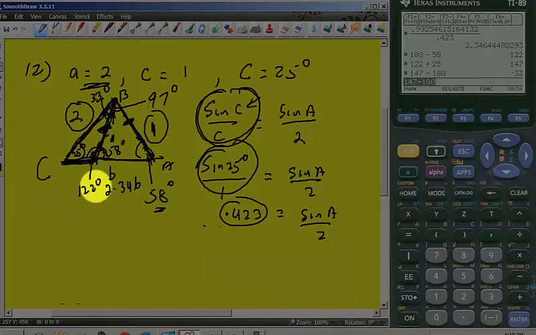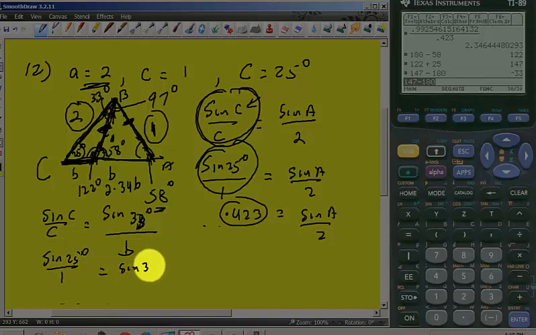Alright, so I know sine of C over side C because I've calculated that, and now I'm going to find sine of 33 degrees over side B. So this could be my second B. Sine of 25 over 1 is equal to sine of 33 over B, and the left hand side turned out to be 0.423, is to sine of 33, and let's go ahead and calculate that.